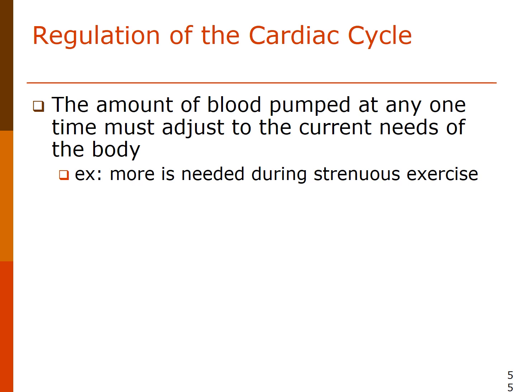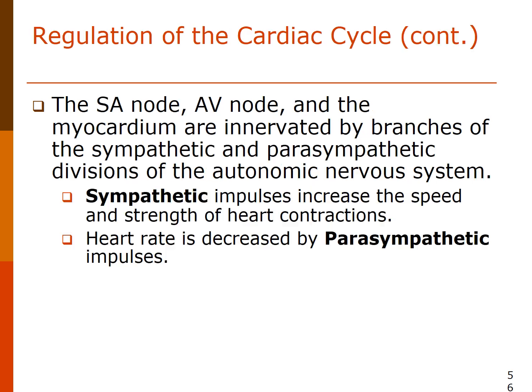The amount of blood pumped at any one time must adjust to meet the current needs of the body. For instance, if you are exercising, you're going to need to have your heart rate elevate. The SA node, AV node, and myocardium are innervated by branches of the sympathetic and parasympathetic divisions of the autonomic nervous system.